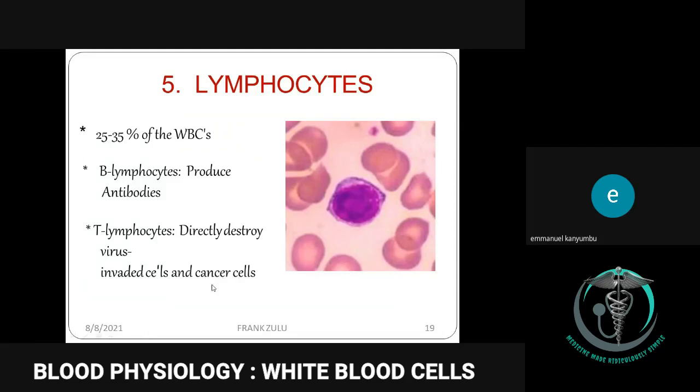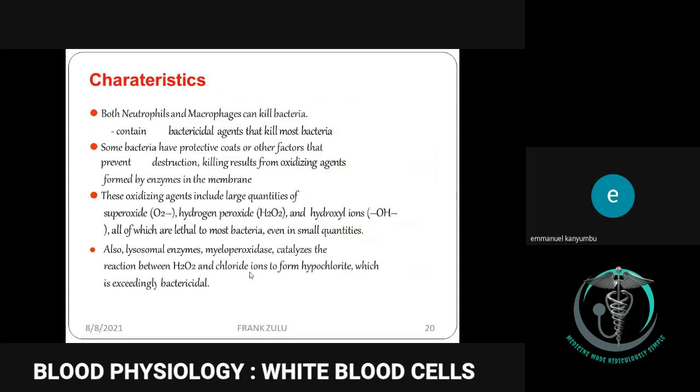Again, they do attack cancer cells, but not very strongly. Usually cancer cells are notorious, and they will be able to evade that. So remember, the granulocytes will destroy bacteria. Okay, just a moment, guys.